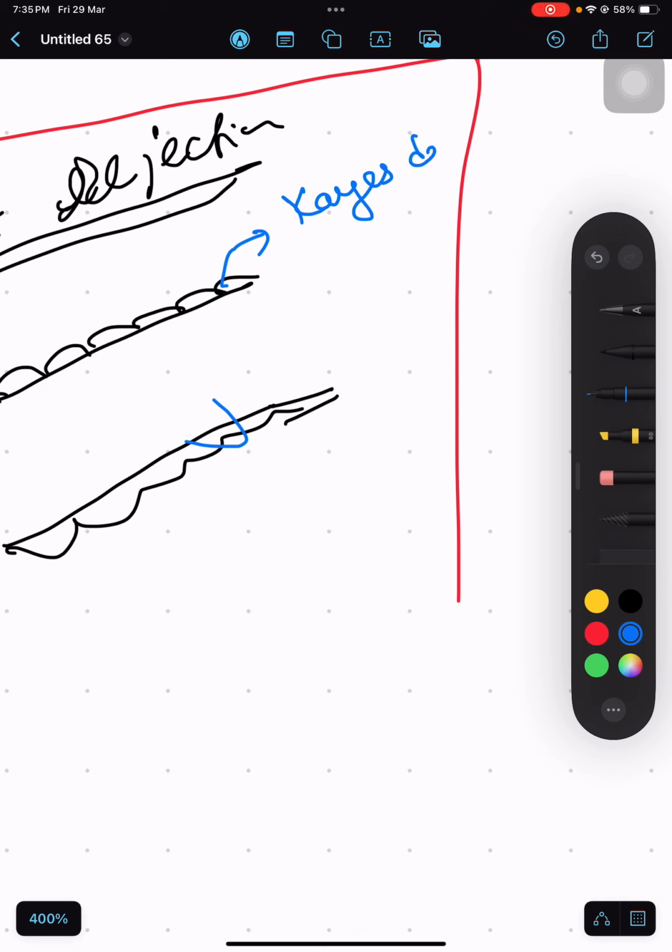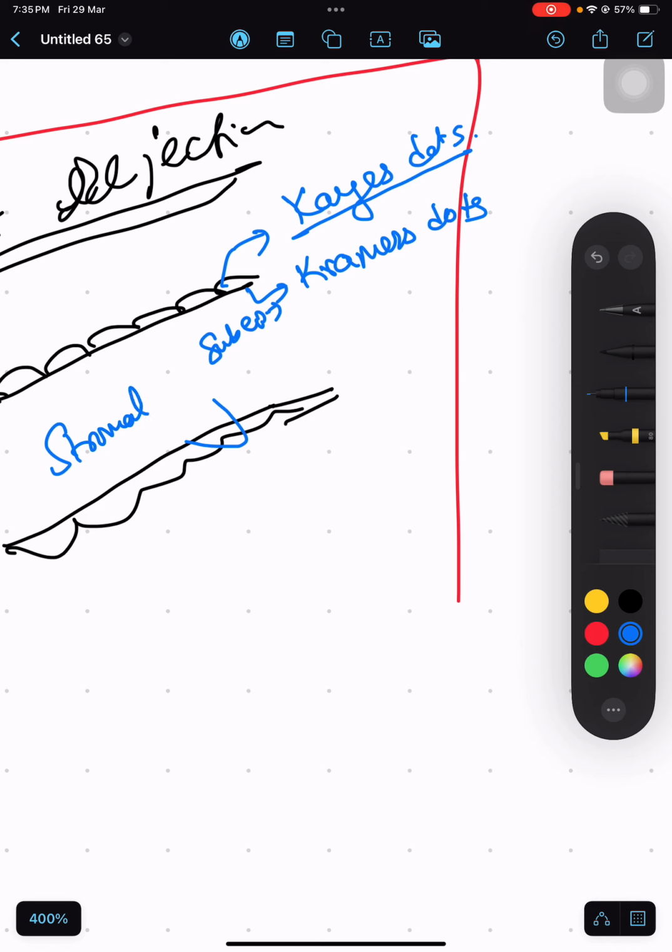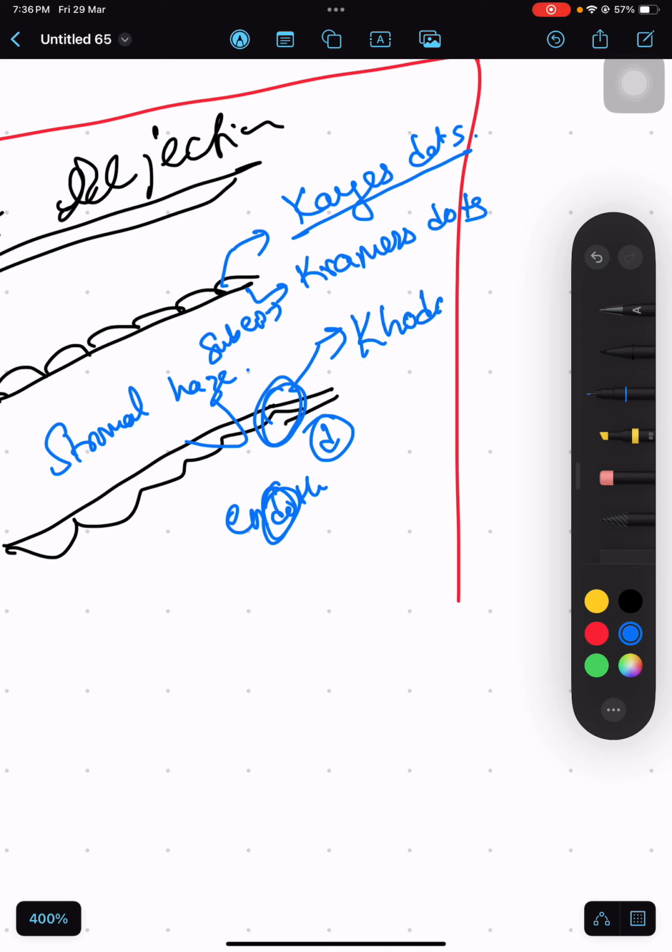Epithelium: Kayser-type dots. Descemet's membrane: subepithelial, or Krachmer's spots. Stroma: stromal haze. And endothelium: endothelium has the D, and D for Khodadoust line. DD, a lot of D's, right? Khodadoust line. So these are the different names that we need to remember.